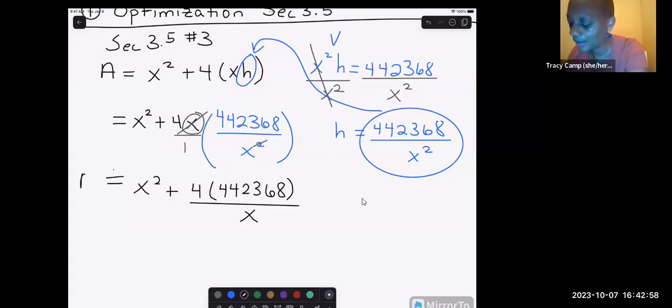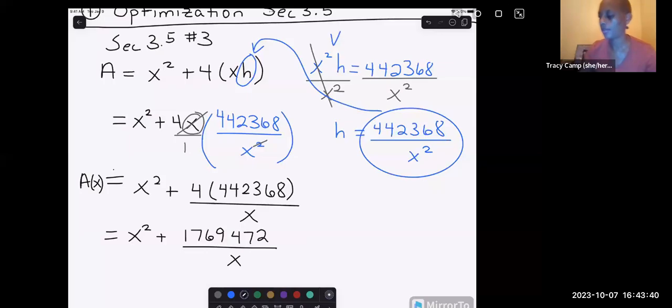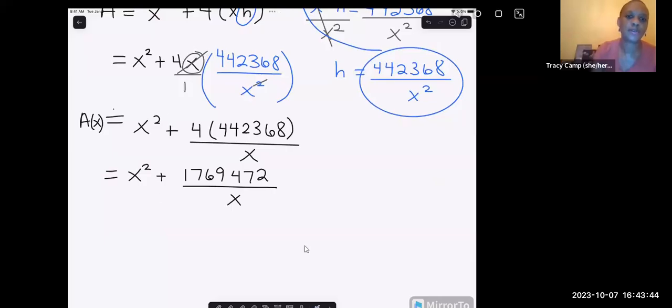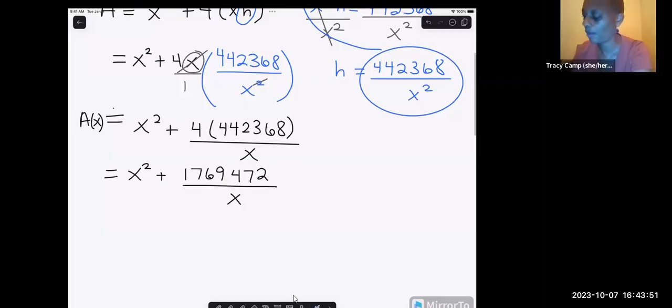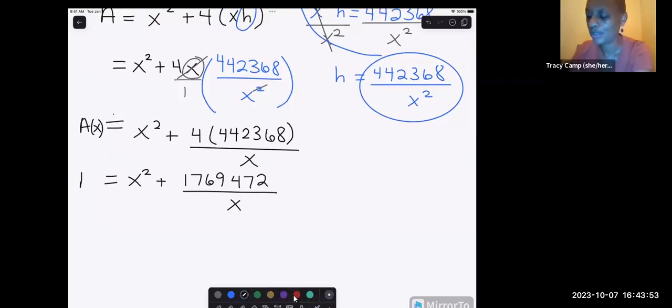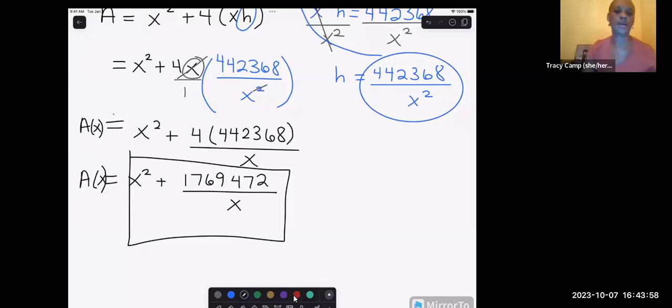But let's see what 4 times 442,368 is. Okay, so I just did this on my calculator and I got this huge number, 1,769,472. But this right here, this is my answer for the first part of the problem, which, notice, we haven't done any calculus yet. We've just created a formula for what it is that we're trying to minimize in this case.